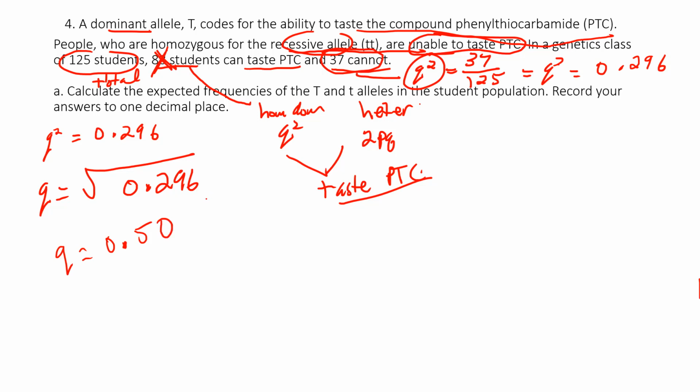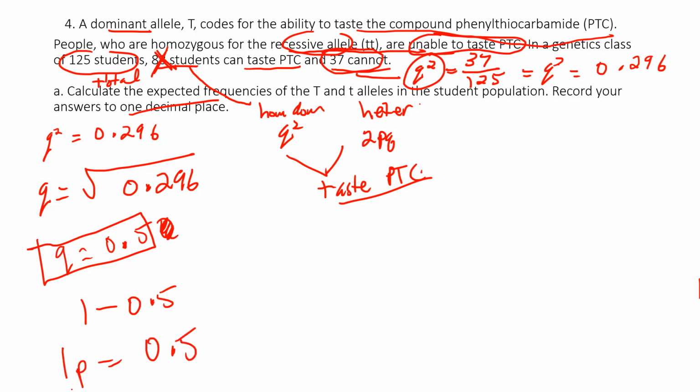Okay, they just want 1 decimal place here, so we'll just drop that 0 and use 0.5. Okay, once we have Q, very easy to go find P. We just go 1 minus Q, 0.5, and P now is going to be also 0.5.